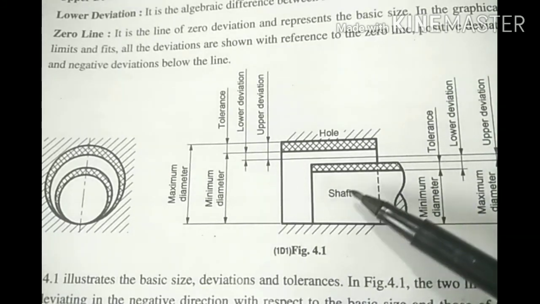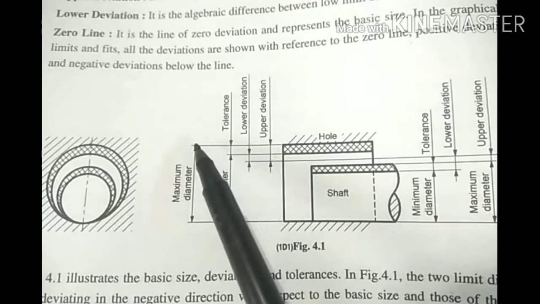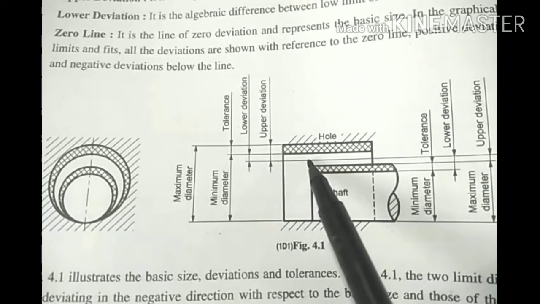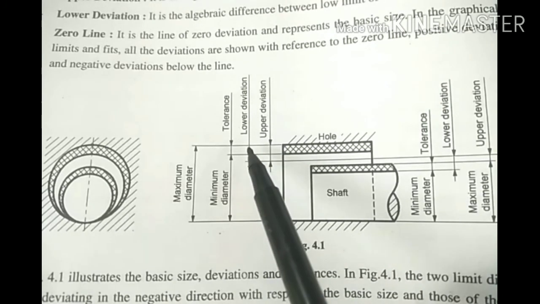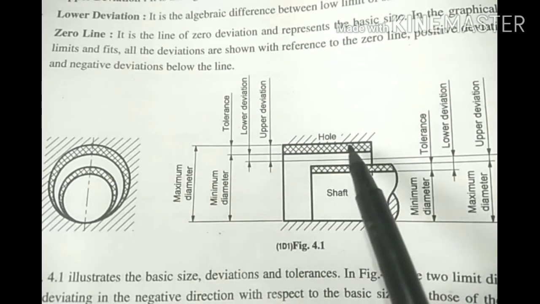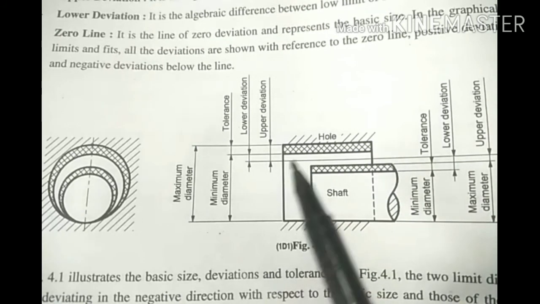This is for the shaft or for external parts of the component, and the same for the hole. This is the maximum diameter, this is the minimum diameter, and this is the basic size. So the maximum and minimum difference from the basic size, and this zone will be called the tolerance zone of the shaft.